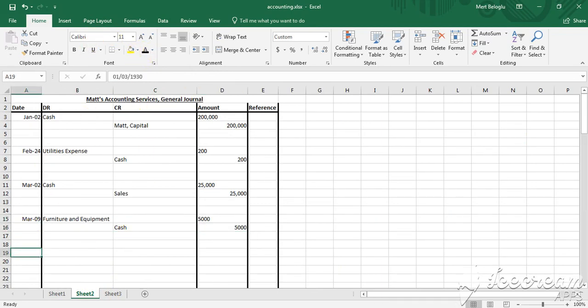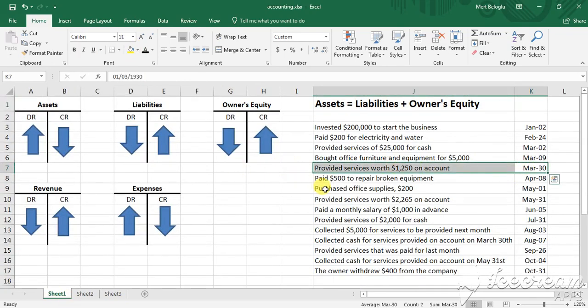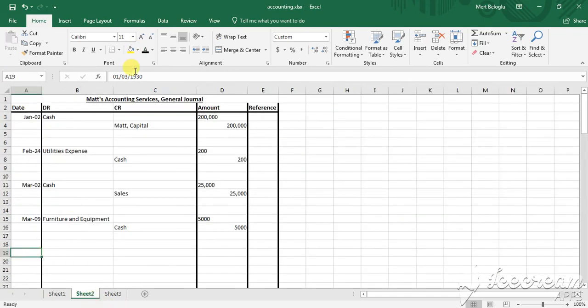Next entry is March 30th, provided services worth $1,250 on account. So that's our date, March 30th. Now, on account means we provide a service, but we do not collect cash right away. We will collect the cash in the future.